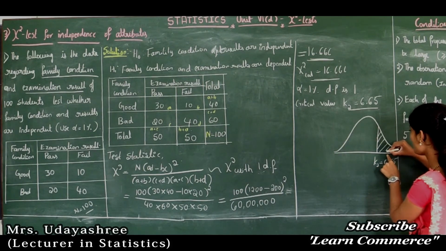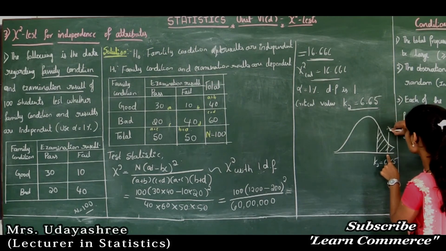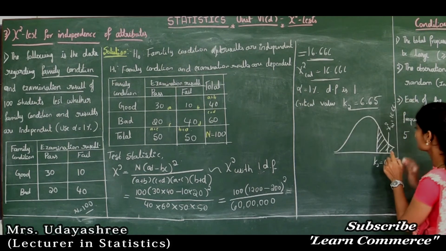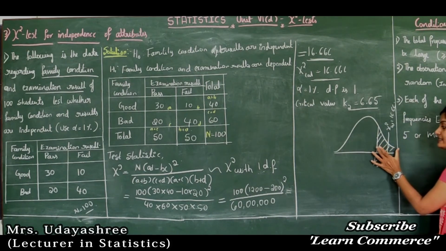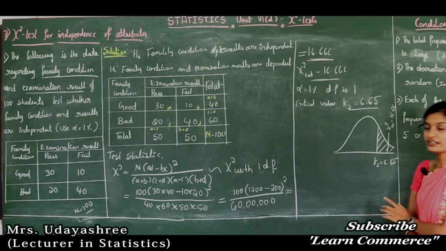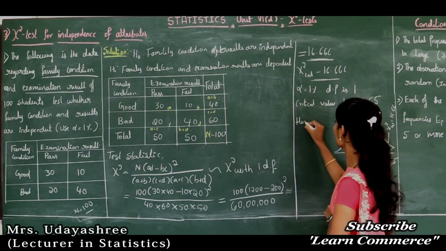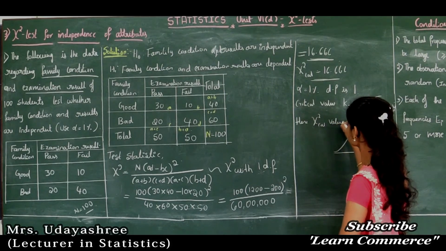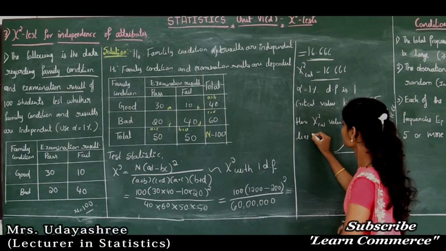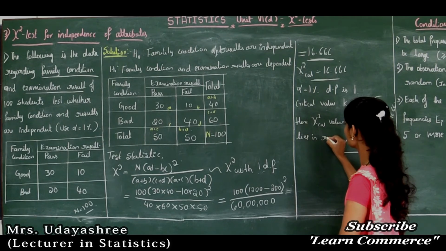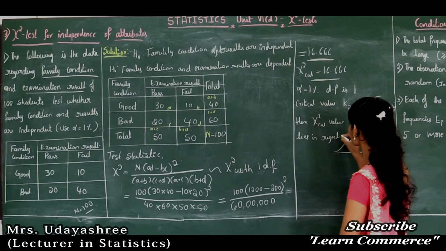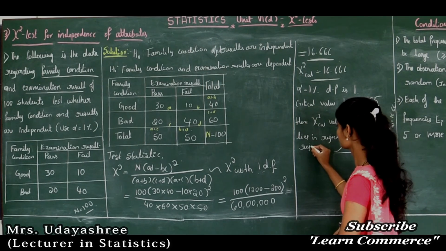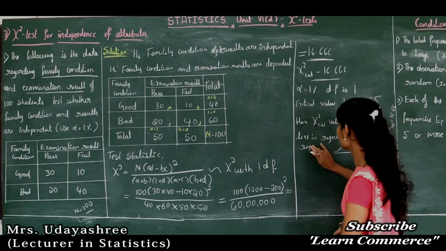This is the calculated value, 16.66. See, the calculated value lies in the rejection region.